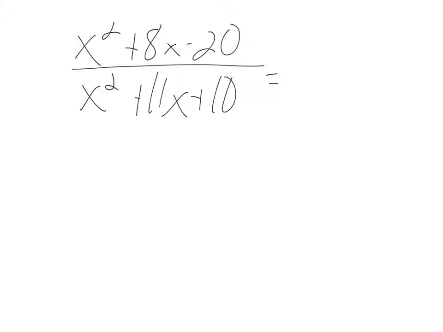We could use the asterisk method, but it's easier because we can tell what would work. What from negative 20 would equal 8? Well, we have positive 10, so we would have x plus 10 and x minus 2, and we get a negative 20 from there, but when we add them, we get positive 8.